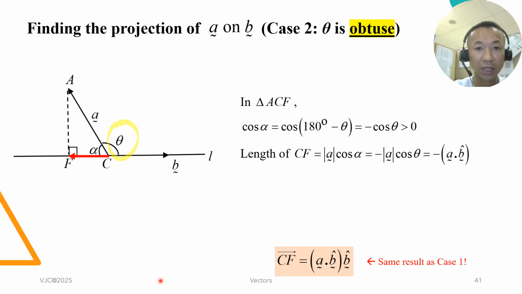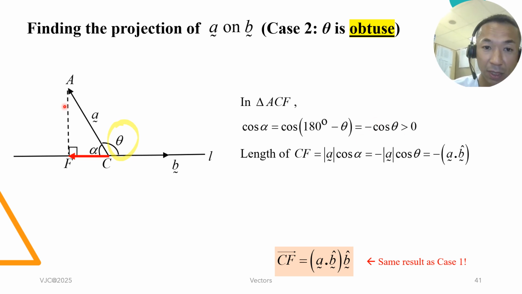So let's take a look at this triangle ACF. Since theta is obtuse, this is your triangle here. Cosine alpha is cosine of 180 minus theta, and in the second quadrant that is negative cosine theta.